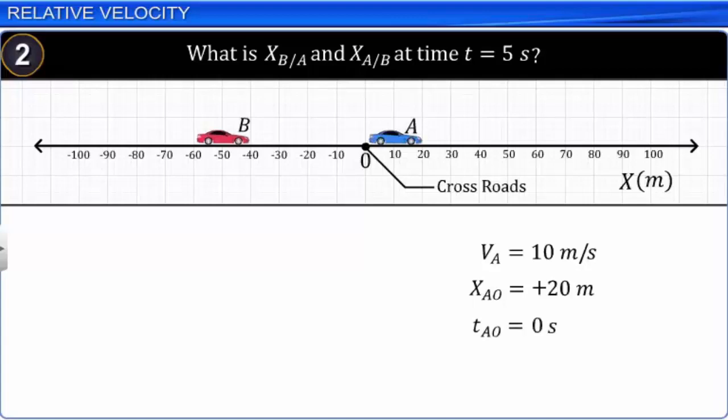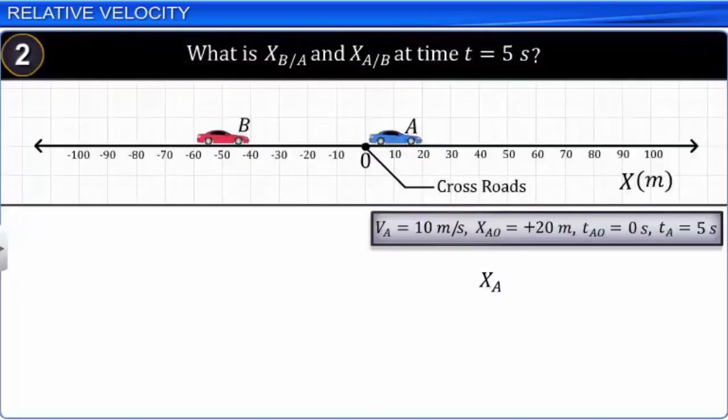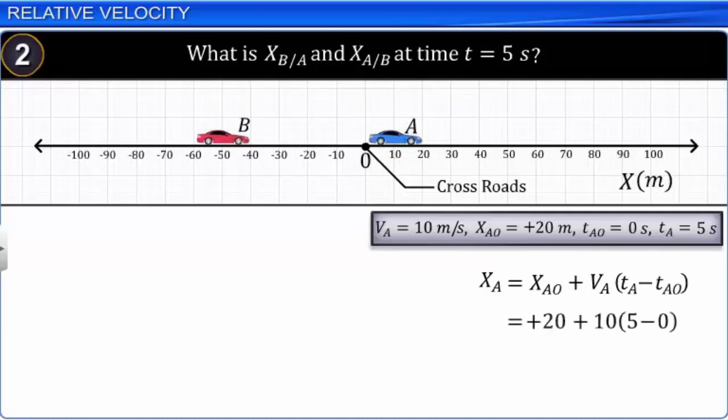We need to find XA. XA is equal to XAO plus VA into TA minus TAO. On substituting and simplifying, we get XA equal to plus 70 meters.